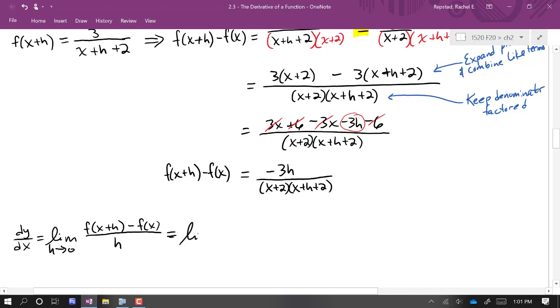And now it looks like we're going to have a fraction as the numerator of our fraction. So that's what we have right now to start with, but we're going to clean this up.